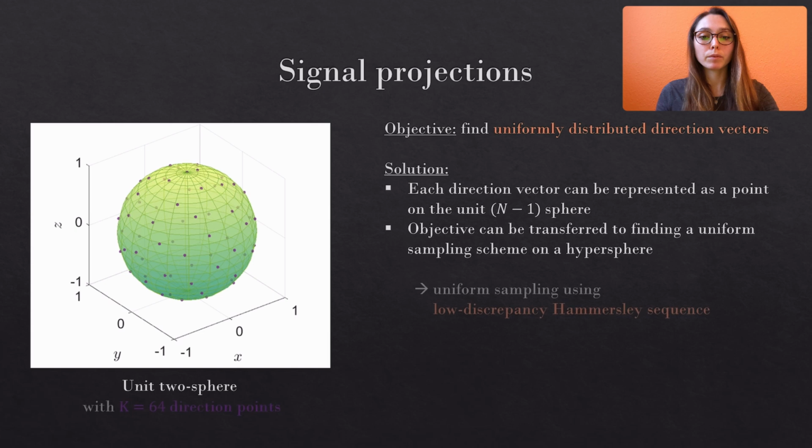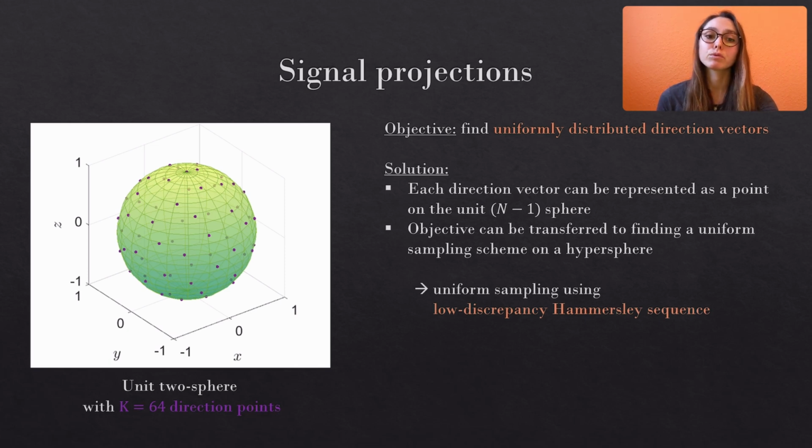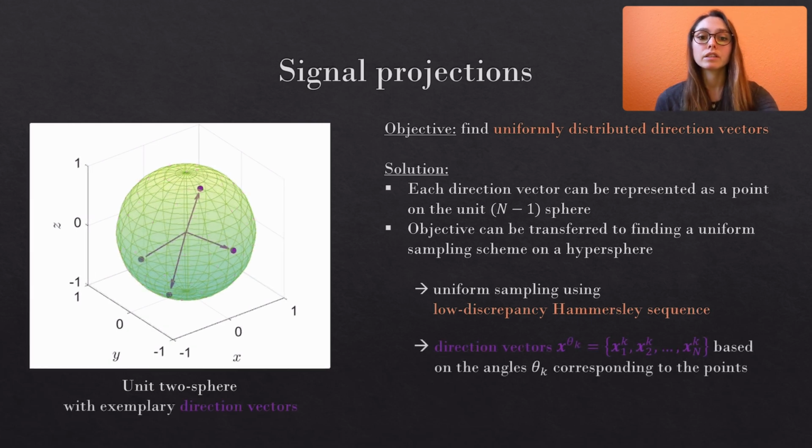You see a uniformly distributed point set on this sphere in this figure here, using 64 points. It is obtained by a low discrepancy Hammersley sequence, which proved beneficial to obtain uniformly distributed point sets. Once we have this point set, we can easily define the corresponding direction vectors. Here you exemplarily see 4 of such direction vectors. Just imagine the direction vectors as vectors that point from the origin to each point on the sphere.